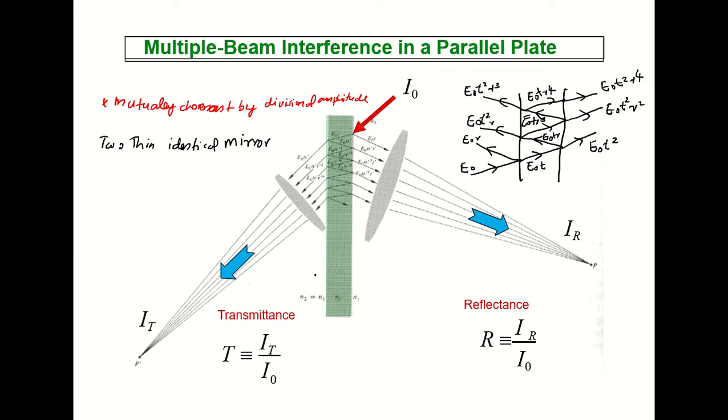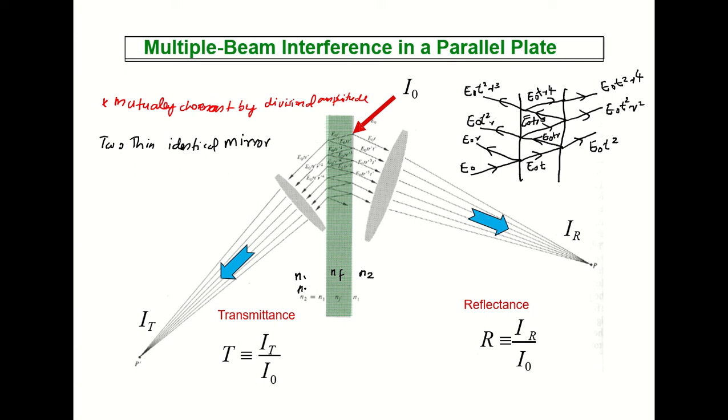Here you can see that we have medium N1, N2, and we represent the film as NF. So it's a film medium. If you have a film over here, we can represent the sides as N1 and N2.